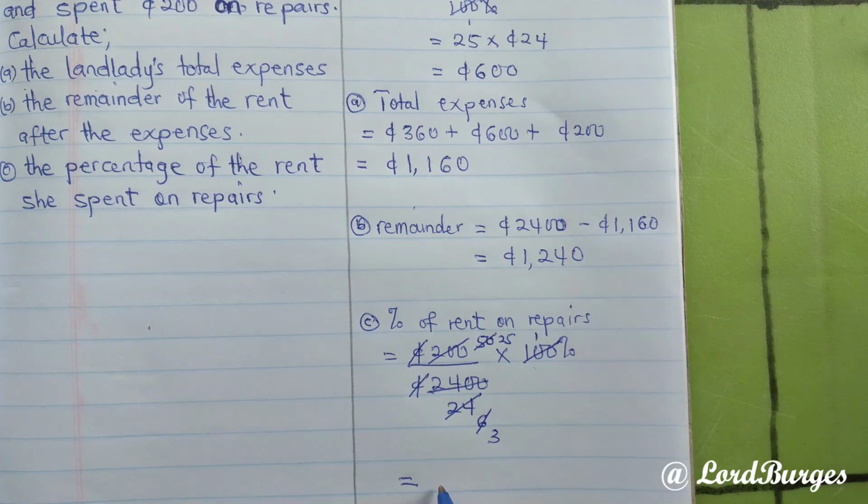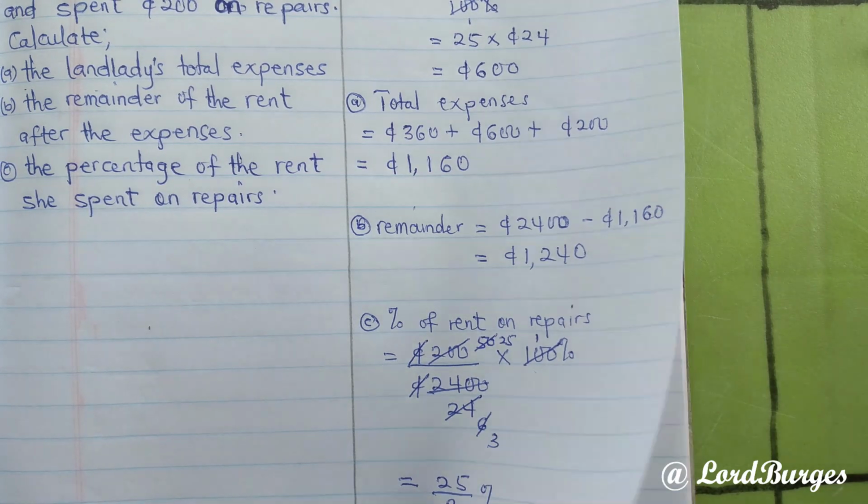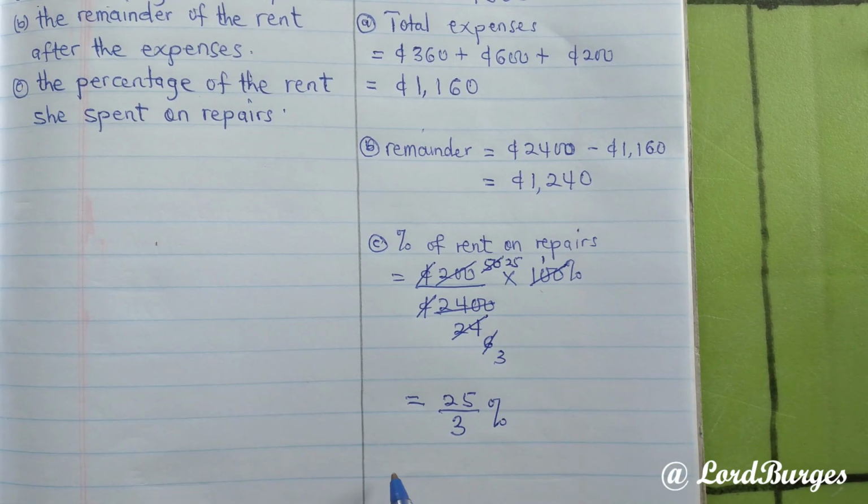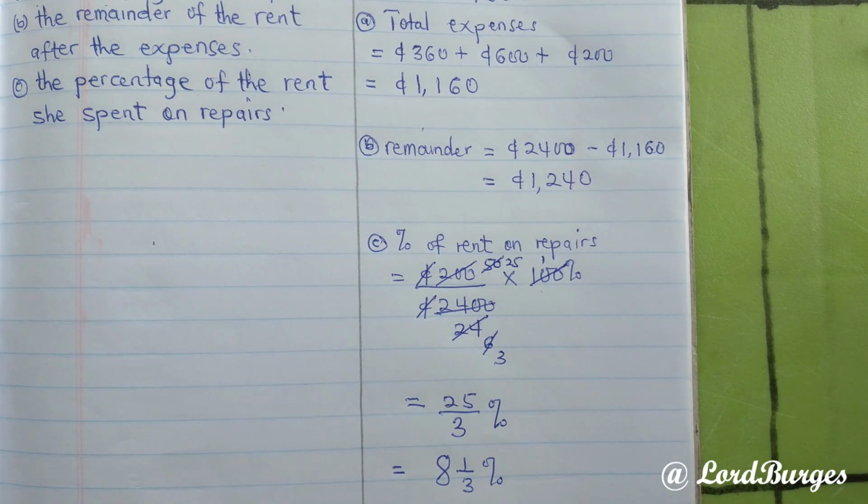So now we should be having 25 over 3%, where 25 over 3% will give us 8 whole number 1 over 3%. So this is the percentage of rent she spent on repairs.